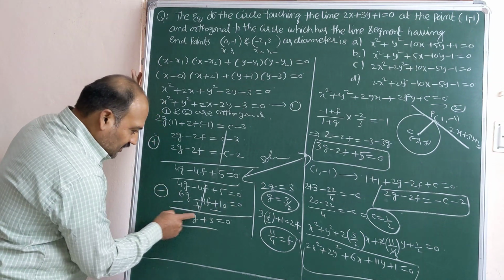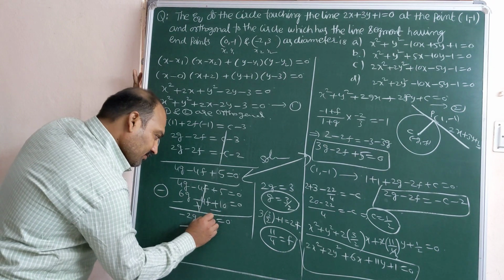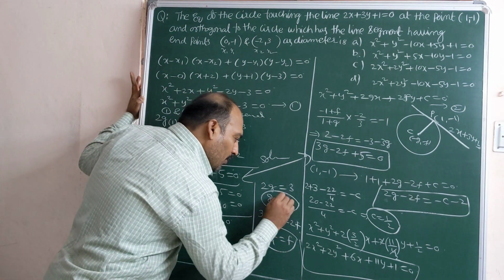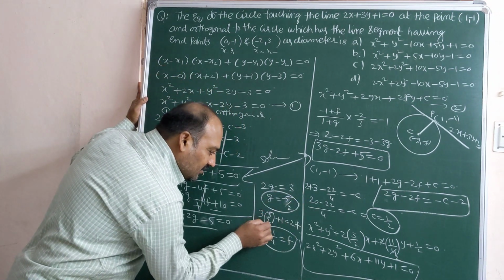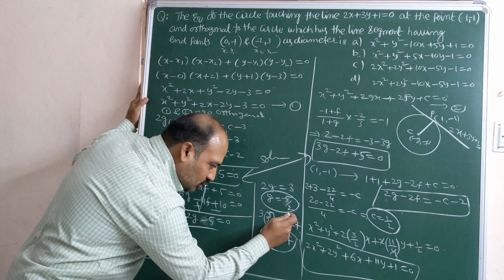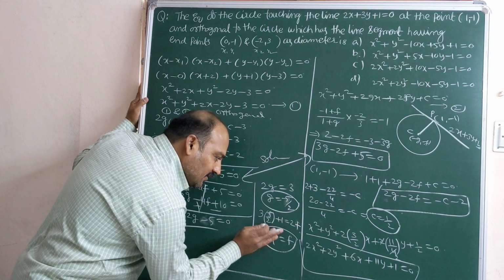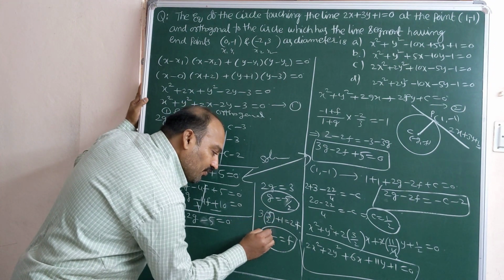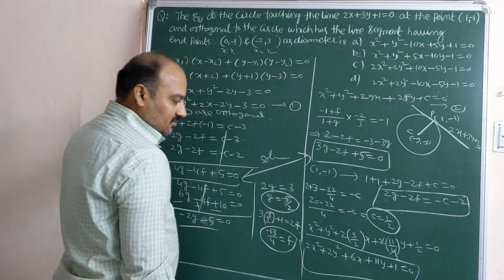So minus 2g minus 5 will come here. So g value minus 5 by 2. So obviously it will change based on this. This is minus 5 by 2 means minus 15 by 2 plus 2. Minus 15 plus 2. Minus 13. So minus 15 plus 2. Minus 13 by 4.